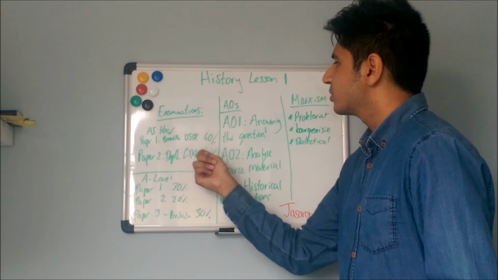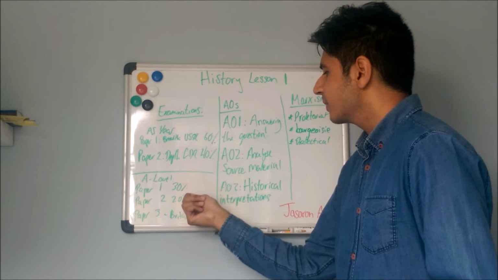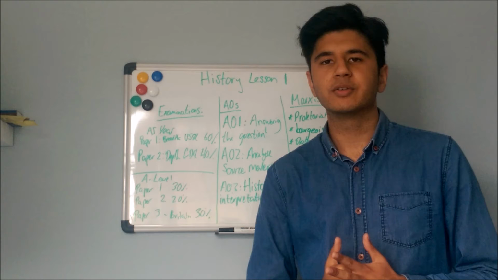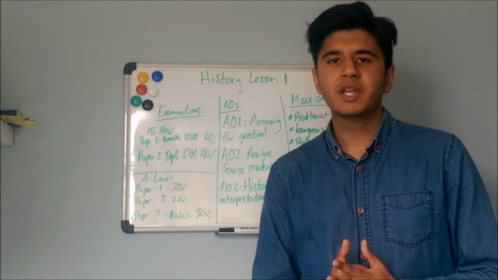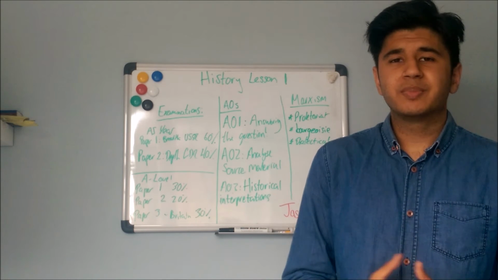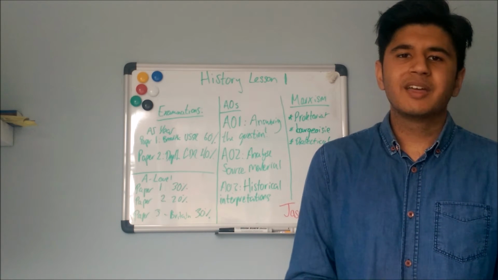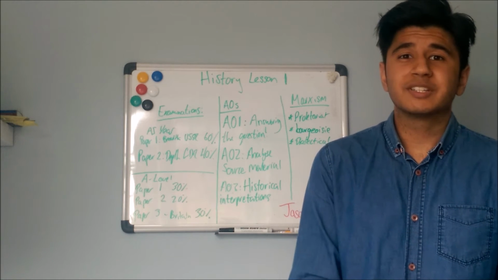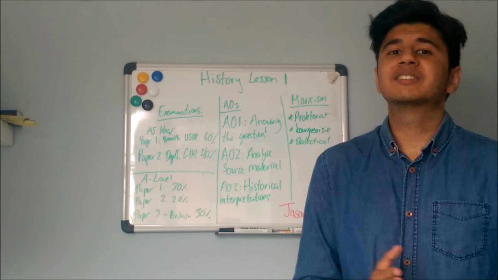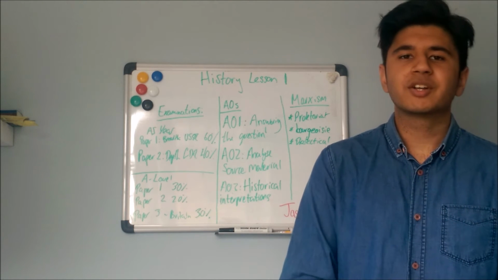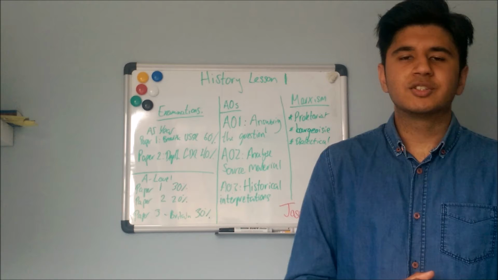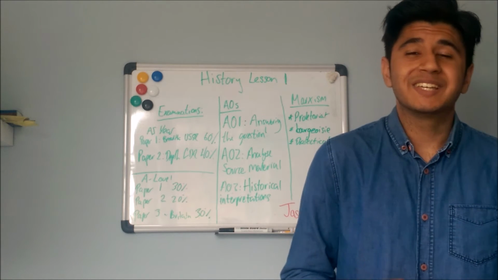The values of the original AS exams are halved essentially, and there's also a coursework component which comes in at the A-level. Again, I'm not going to go into that much, but it's about 4,000 words and it's on a topic of essentially your choice. I mean, classes tend to all go in the same direction, but there's so much to choose from, I can't really begin to give tips for that.